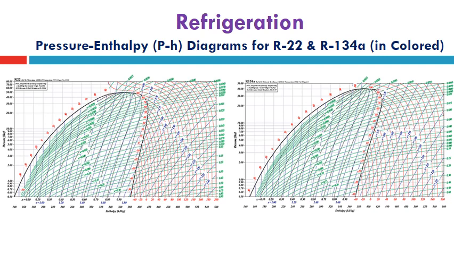In this slide we will compare the widths of the cooling effect, which is indicated between the saturated liquid line and saturated vapor line, for both R22 and R134A.